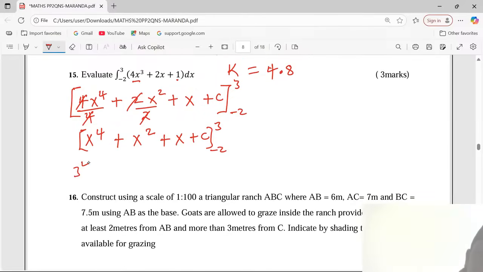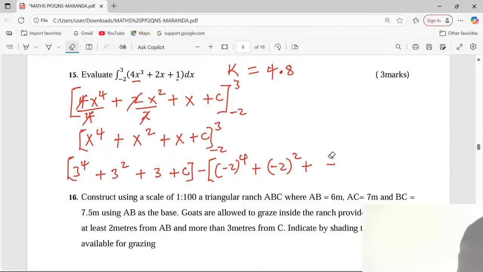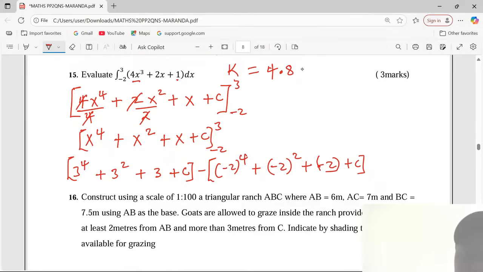So 3 power 4 plus 3 squared plus 3 plus c, then minus -2 power 4 plus -2 squared plus -2 plus c.